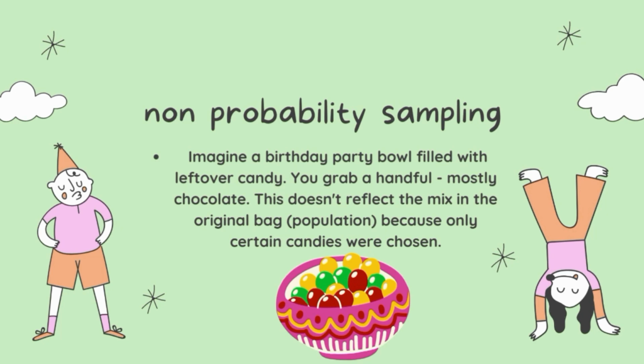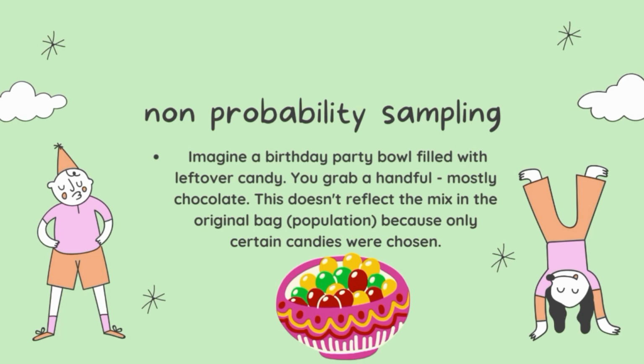Instead, individuals are selected based on some criteria. The criteria may be convenience, judgment, or availability. For example, imagine a birthday party bowl filled with leftover candy. You grab a handful, mostly chocolate.